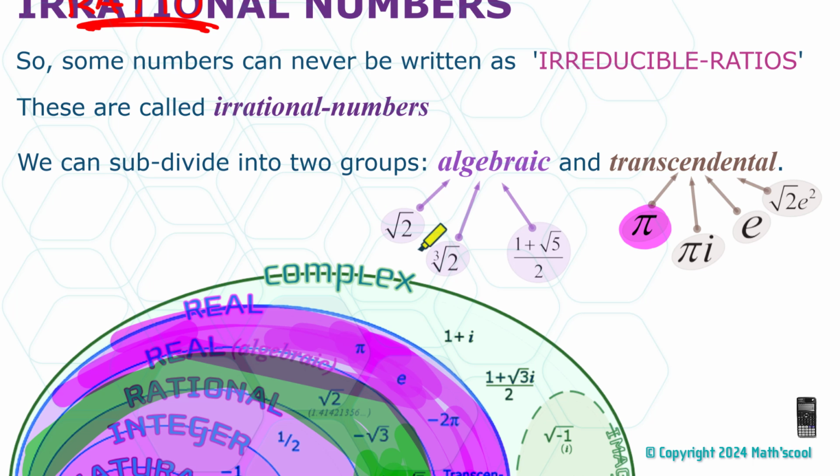These algebraic ones are called algebraic because they arise when you solve equations. If you have the equation 2x minus 3 equals 0, so that's a linear equation, it's going to give you a solution which is a fraction.